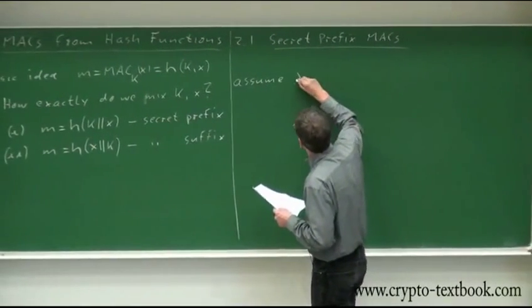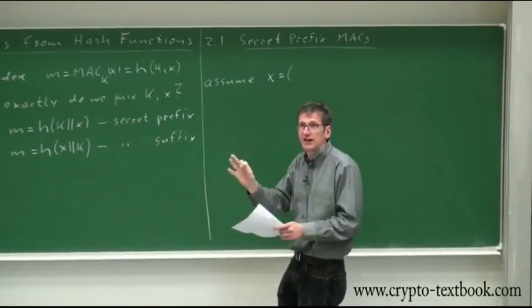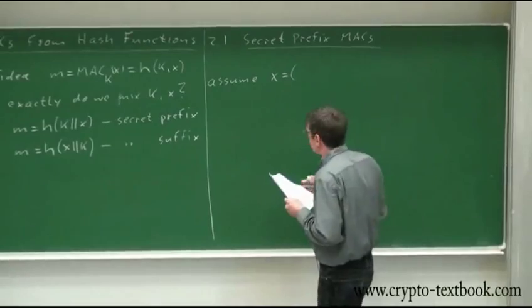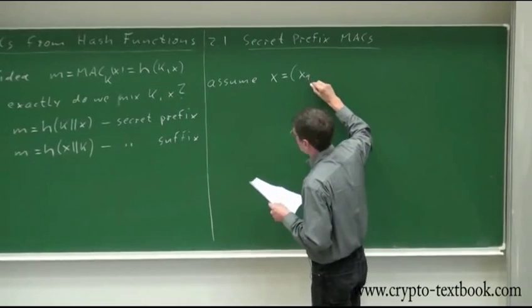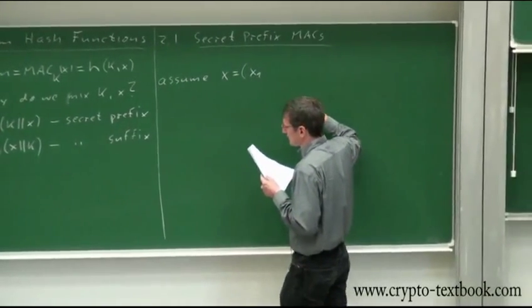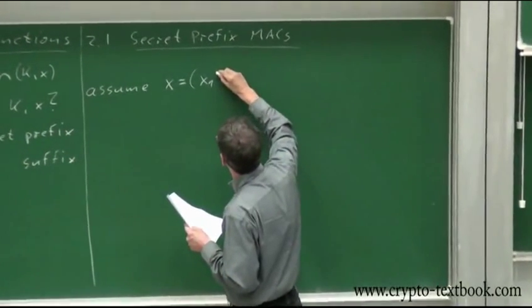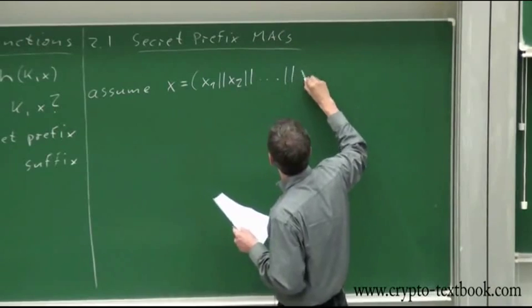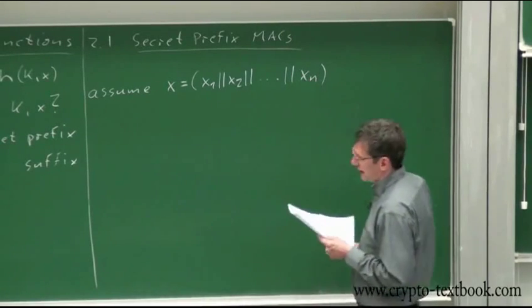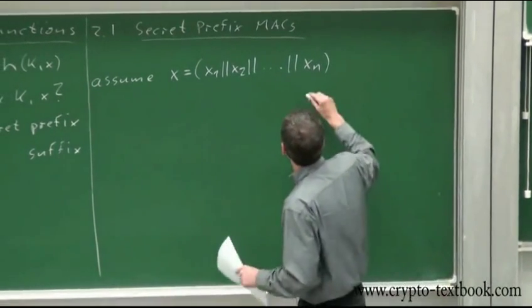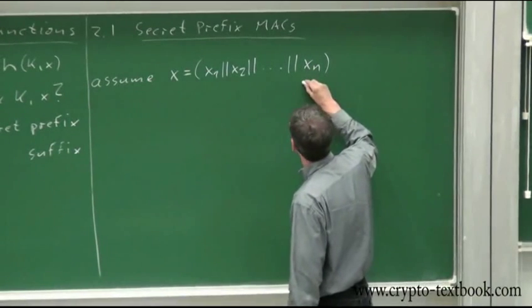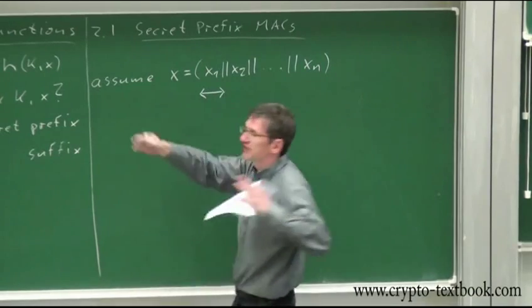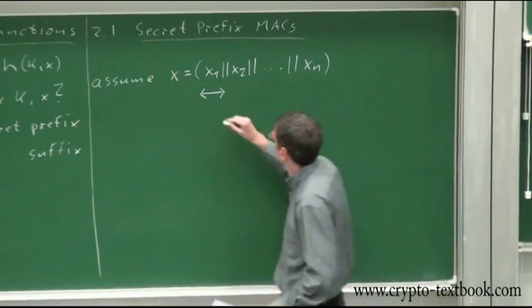So what's really happening is X is divided into blocks and then we hash blockwise, which is going to be an important issue here. So X is split into blocks X1, X2, up to block N, where the length of each block is the input length.